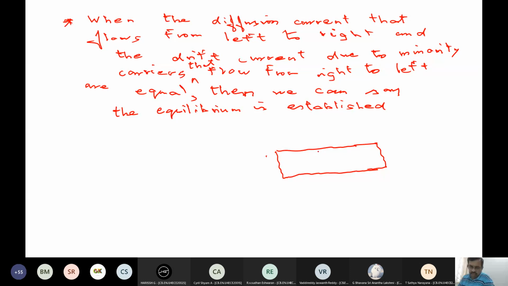So this is my junction. This is my P. This is my N side. Now, as far as the diffusion current goes, it is the majority carrier. It goes from, ID. Now, drift current. So this is my depletion region.